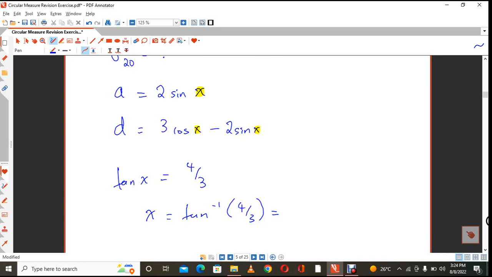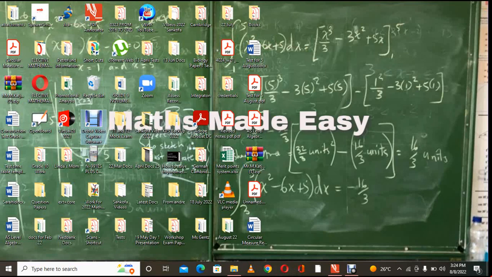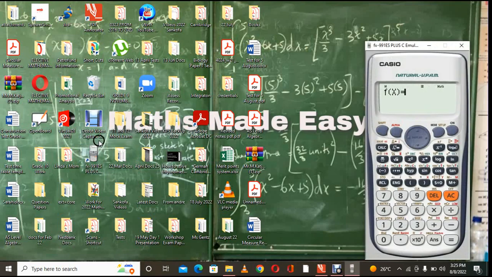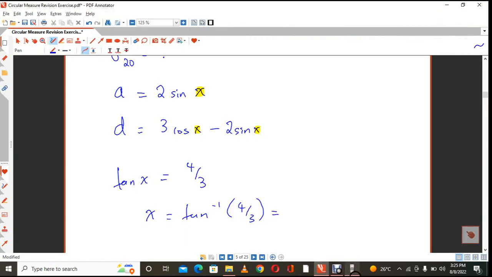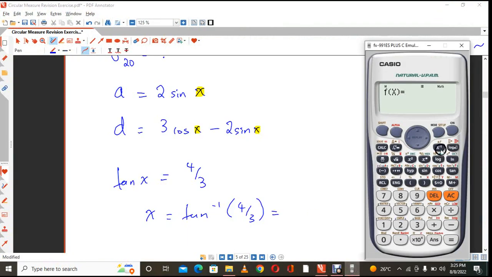is you grab your calculator. So we take the inverse tangent, and make sure that your calculator is in degree mode. Also clear everything that was there before. I like to press shift, then clear with 9, and say yes, clear everything, all clear.